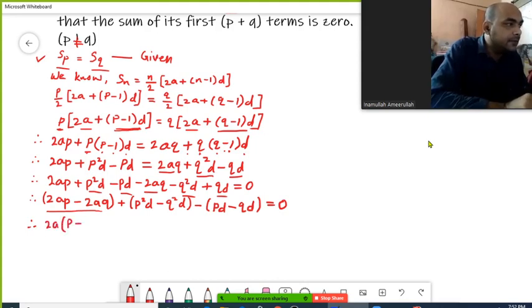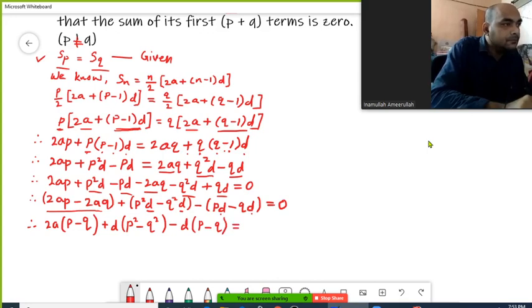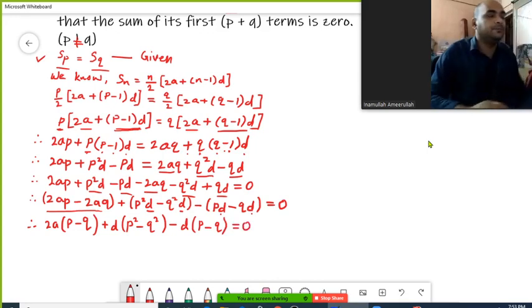I'll be left with p minus q plus, here we have d as a common factor, so I'll take out d and get p square minus q square. Again, here we have d as a common factor, so minus d will be taken out as a common factor and you will be left with p minus q, equals 0. So we found d and 2a as common factors.